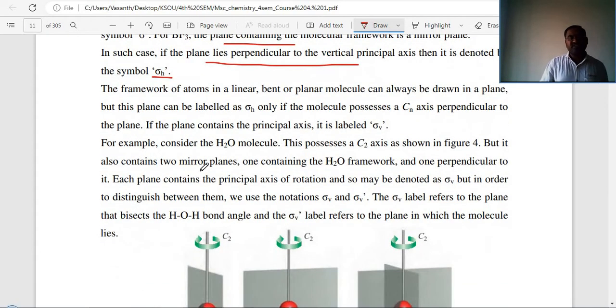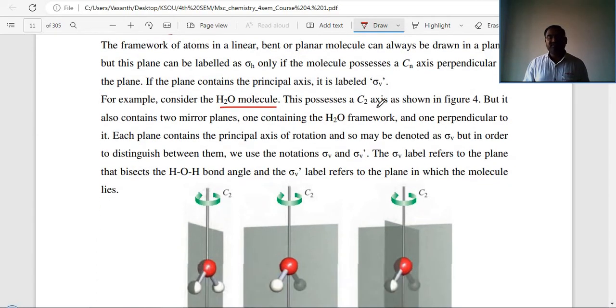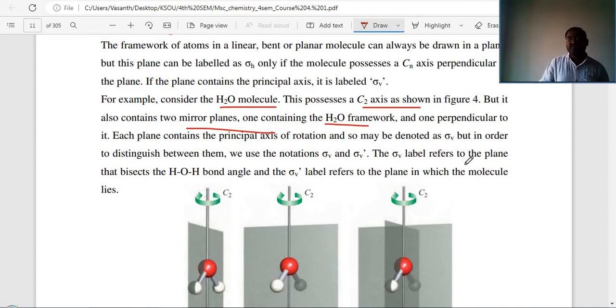Let's consider this water molecule. It possesses a C2 axis shown in the figure, but it contains two mirror planes, one containing the molecule and the other perpendicular to it. Each plane contains the principal axis of rotation and so may be denoted as sigma v.